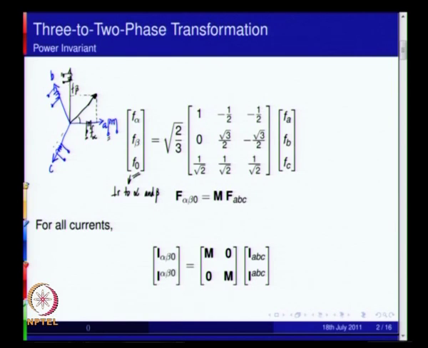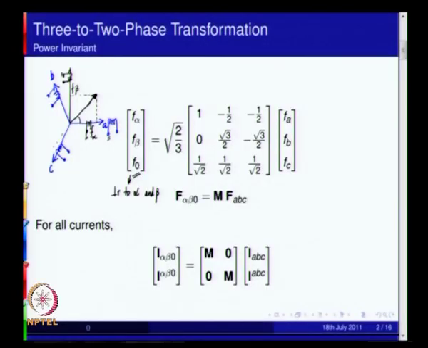therefore alpha and beta axis pertaining to the stator are also stationary in space. As far as the rotor is concerned, the A, B, C axis of the rotor are rotating in space, and therefore the alpha and beta axis are also rotating in space.